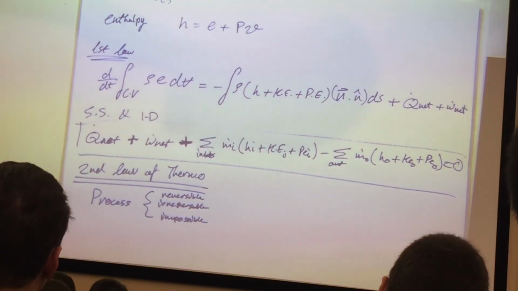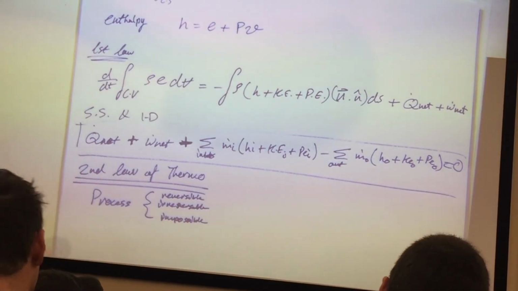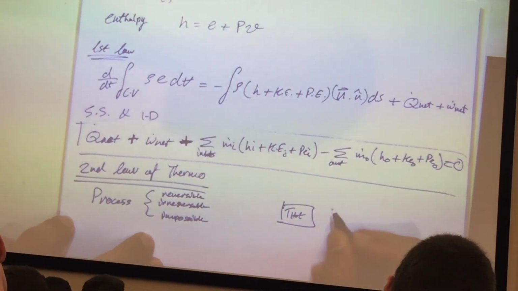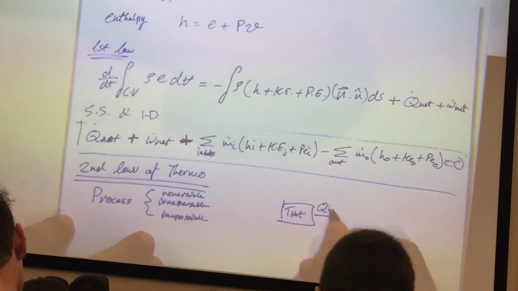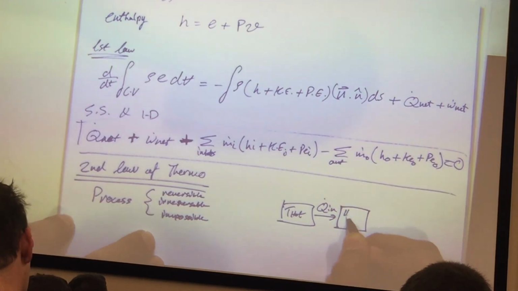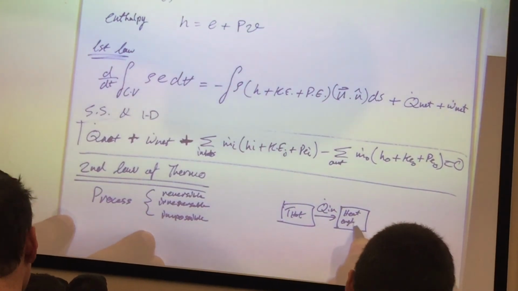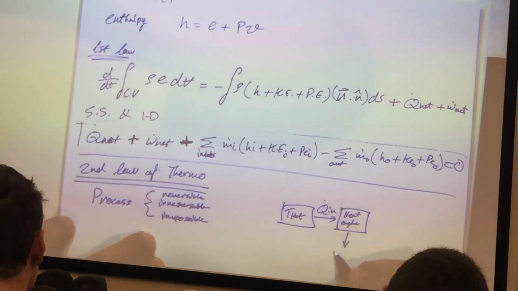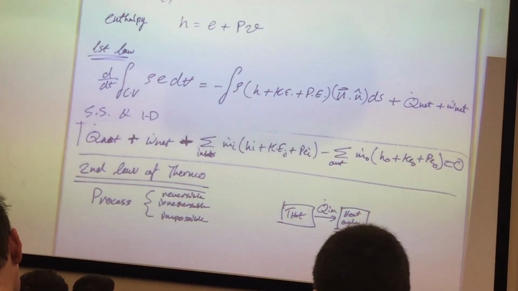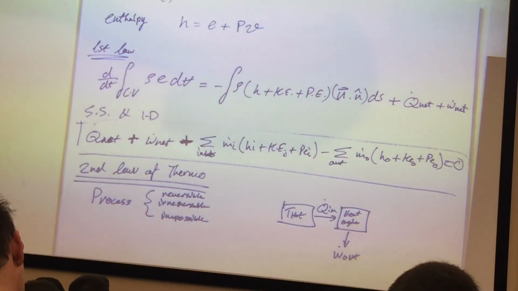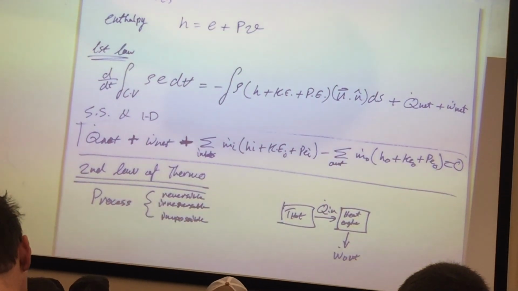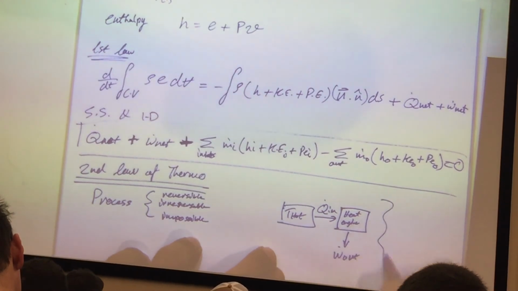Meaning that if I have T hot and I'm inducing some Q in, let's say, to some heat engine of some sort, the expectation is I'm always going to get work out. But is it 100% work out? No. So that's where it's not possible to do this. There are losses. So this is possible.